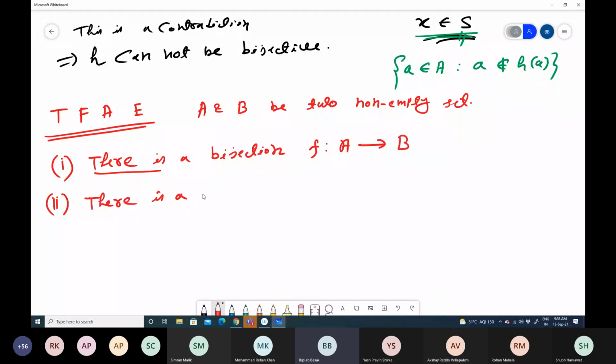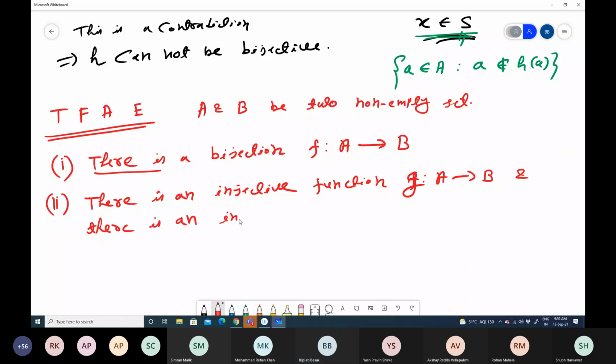There is an injective function F from A to B, and there is an injective function H from B to A. This equivalence is the Schroeder-Bernstein theorem.